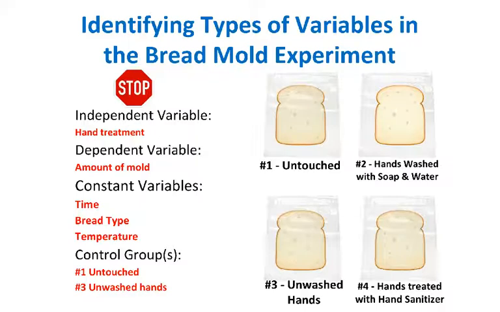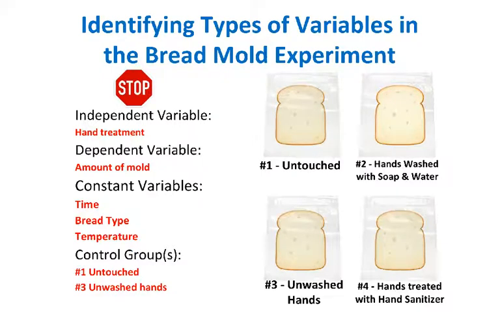The type of bread is probably important, right? Homemade bread doesn't have as many preservatives as bread that you would buy at the store. So it could be that bread that you buy at the store doesn't mold as fast as homemade bread. So we need to make sure that we are using the same type of bread for all of our groups. The temperature can also affect how much mold grows on something, right?